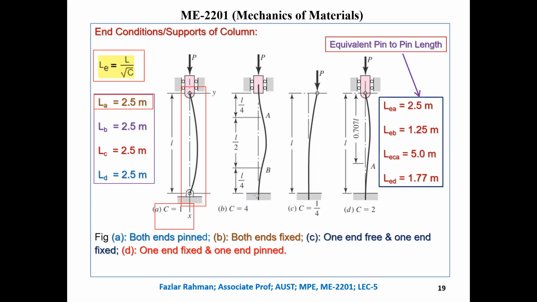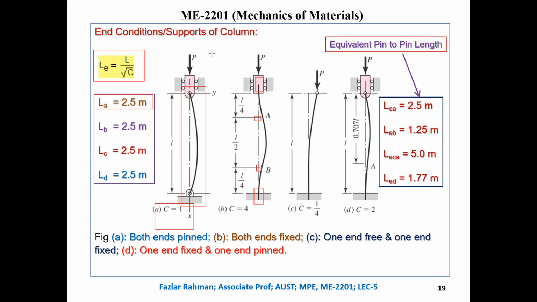But if you look at this column in figure B, this end is fixed and this end is also fixed. So it will carry more load because this end condition is stronger than the left side one. So I would like to convert this into a pin to pin column. Obviously if I make it longer, it will carry less load, but if I make it shorter, it will carry more load. So this column will behave like a pin to pin column with only L by 2 length.